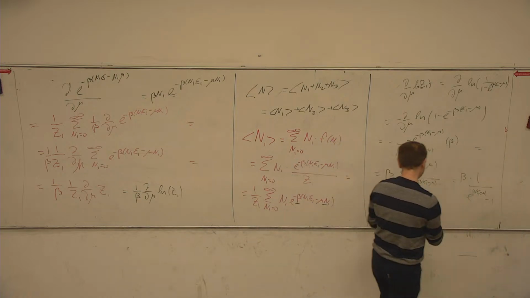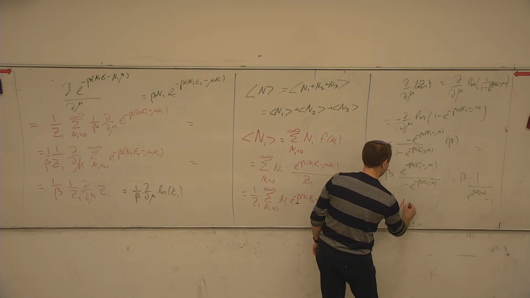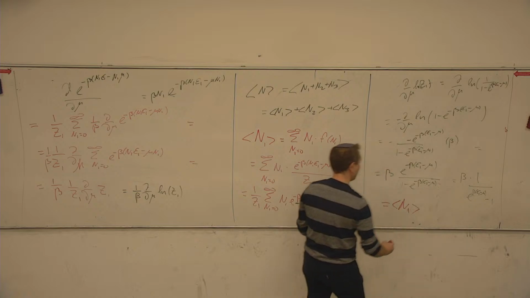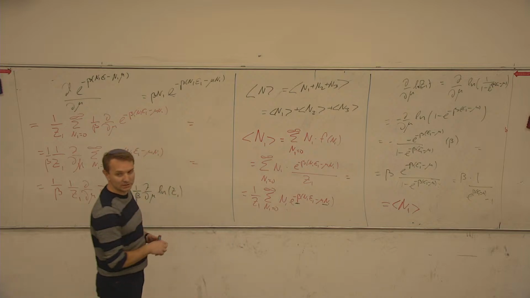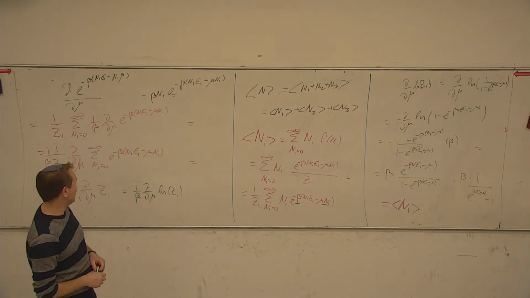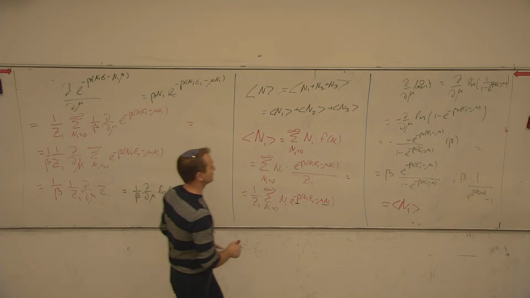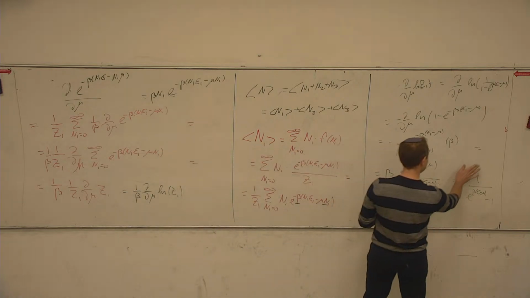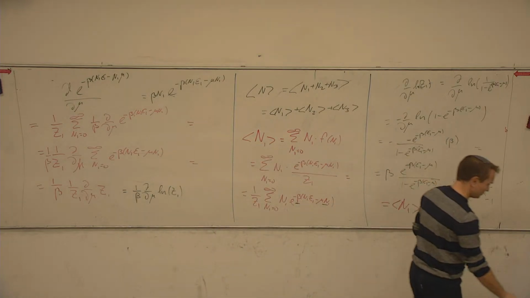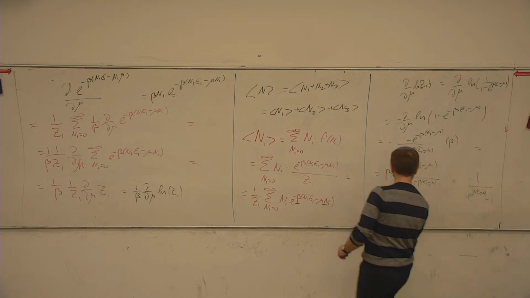So this is n1 average. Yes, I need to divide by beta. Right, so let's write it down.